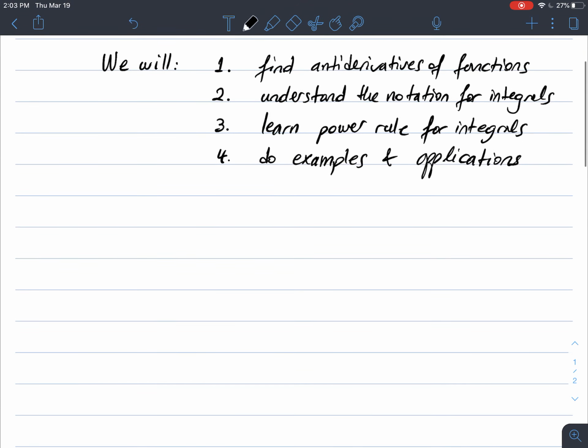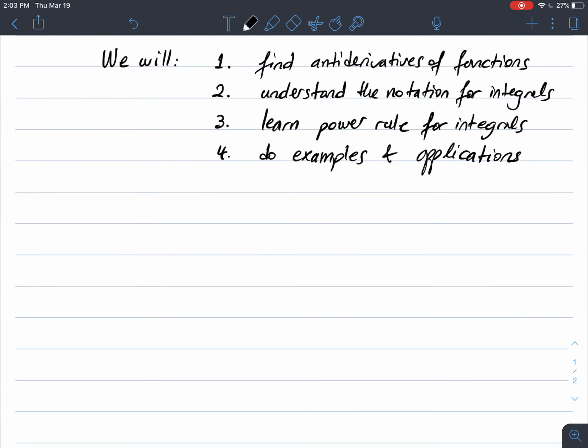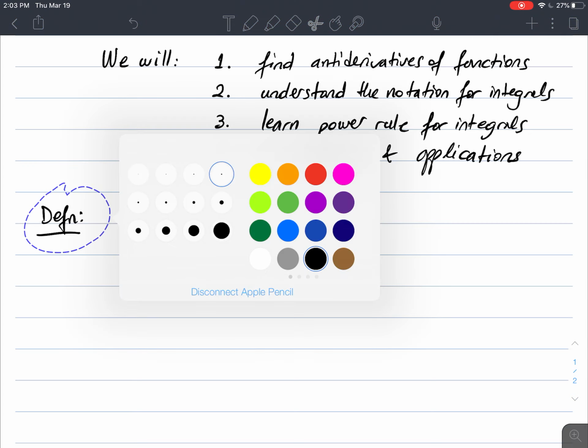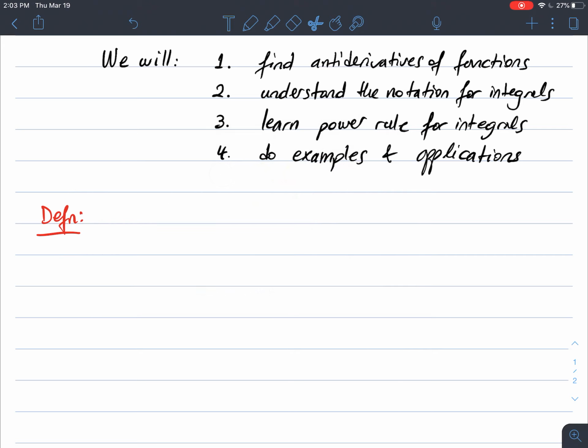All right, so let's start with first defining the antiderivative of a function. So, definition. The antiderivative of a function is the following. Let capital F and lowercase f be functions.